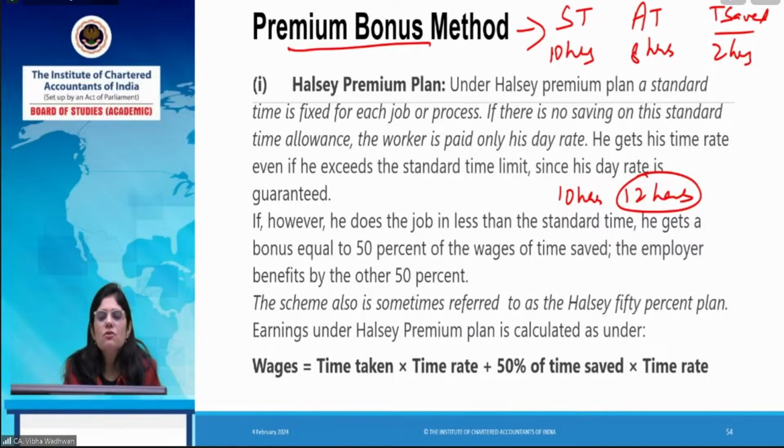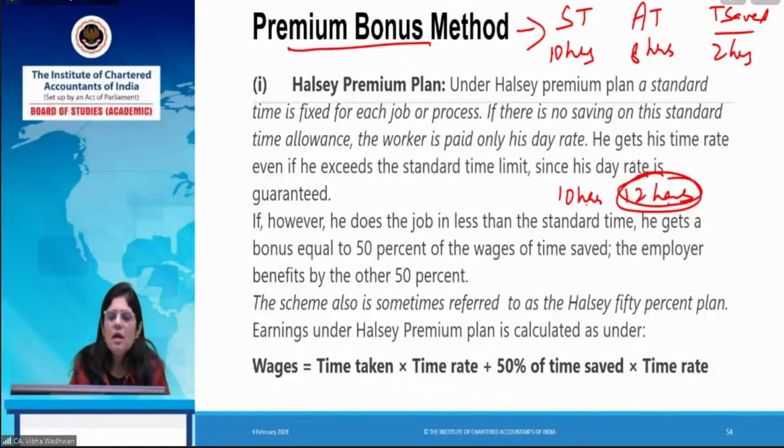Clear? So the premium bonus method is applicable only when you save time. If you are not saving time, you will not get the bonus. Even if you are taking more than 10 hours, you get wages for actual hours only, but not the bonus.